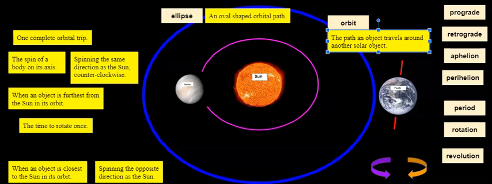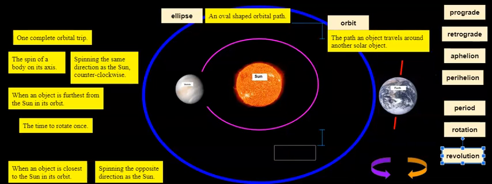Okay, so we know that objects like Earth orbiting the sun or the moon orbiting the Earth have a length of time to do that. And the amount of time it takes the Earth to go around the sun or Venus to go around the sun is called revolution.